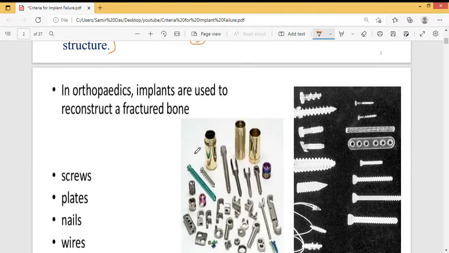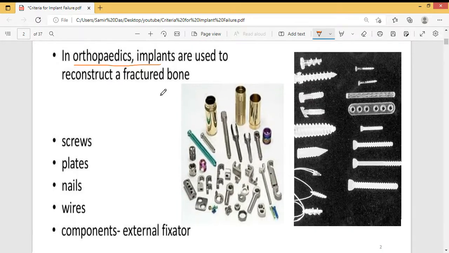Now comes the orthopedic implants. Basically here we discuss load bearing applications of implants. We are not going through any kind of soft tissue application. In case of load bearing applications, the most prominent is the orthopedic implant. In orthopedic implants, we basically use screws, plates, nails, wire, and components of external fixation.